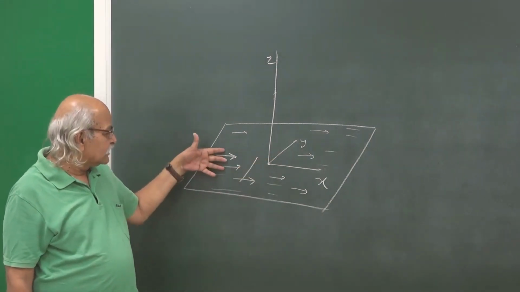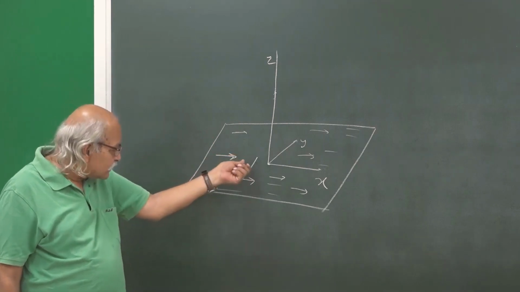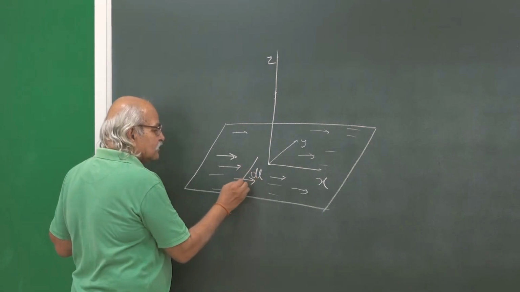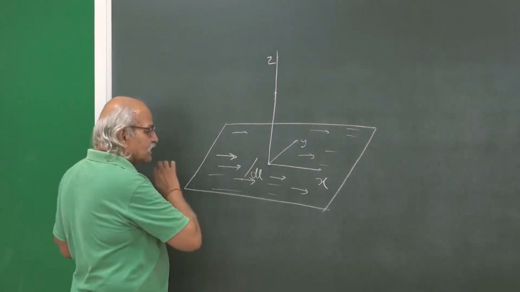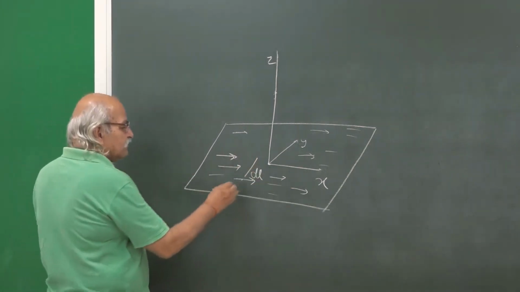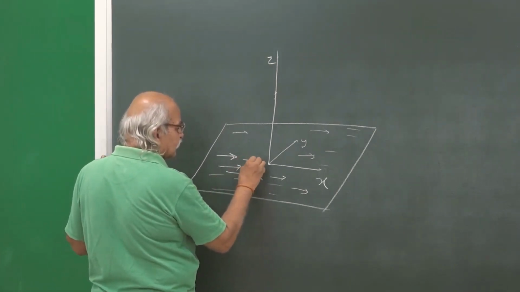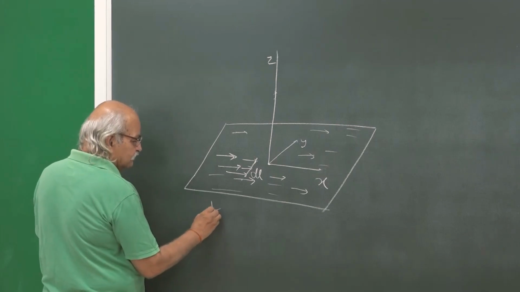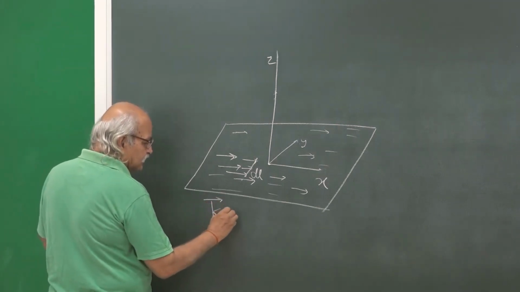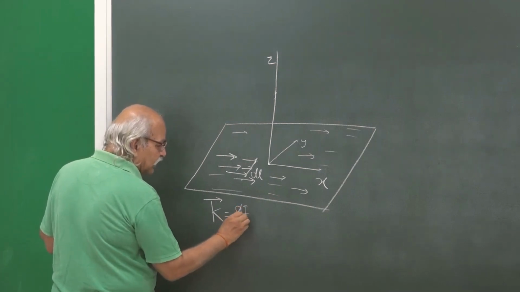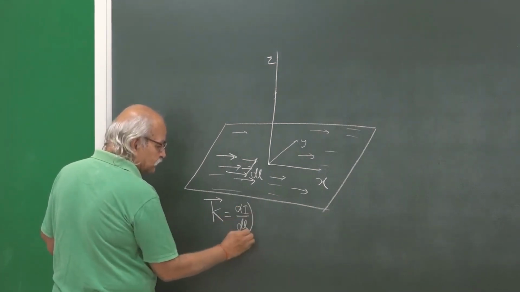The current is going in the x direction and this is the y direction I am writing. So, if you take a length dl which is perpendicular to the current direction, then we ask how much current is crossing this line, and from there we define K, which is di by dl, that is the magnitude.